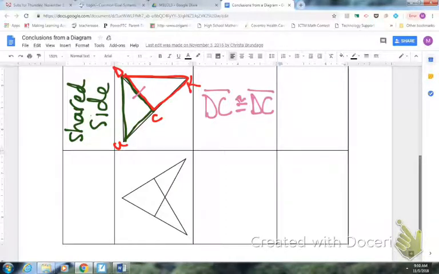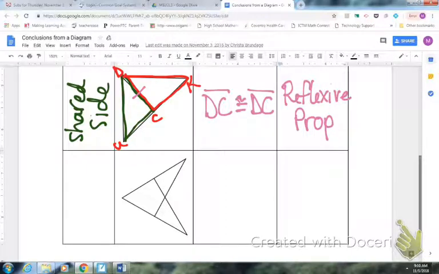And the reason that I was able to add this to the picture or write it within my proof is going to be the reflexive property. This is a property that you should hopefully remember from Algebra 1. Reflexive property says like x is equal to x, or 2 is equal to 2. So if we say a segment is congruent to itself, they butt up against each other, they share a side, then my reason is going to be the reflexive property.